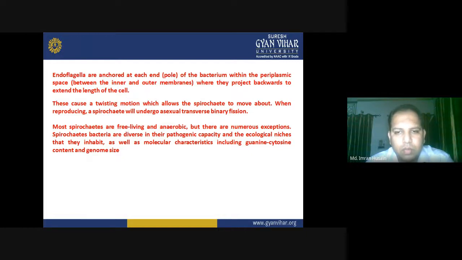They move around by twisting. When reproducing, spirochetes undergo asexual transverse binary fission. So they normally reproduce by binary fission.